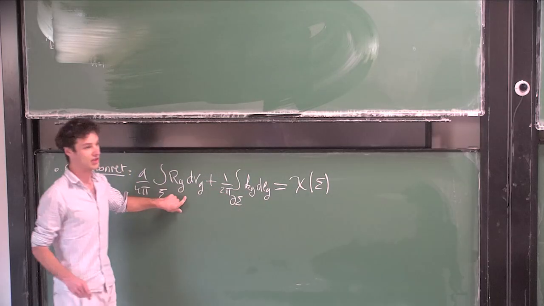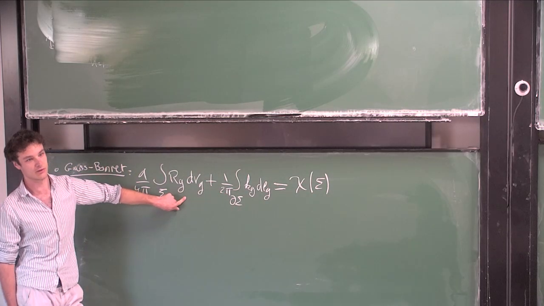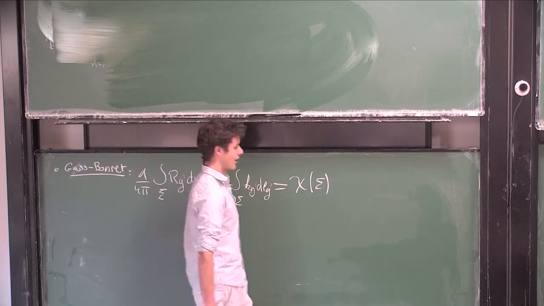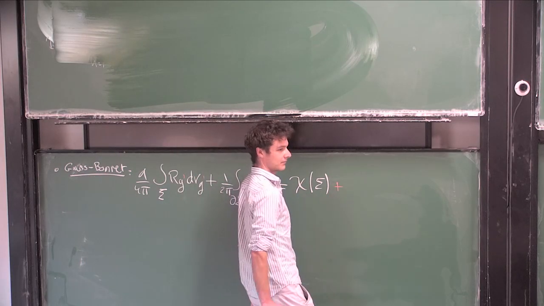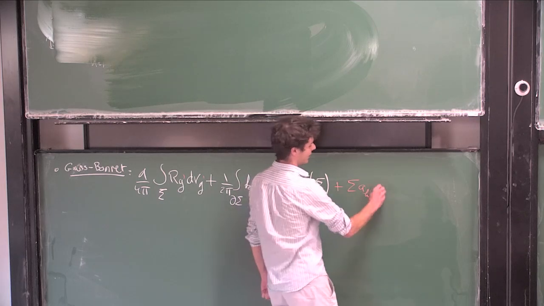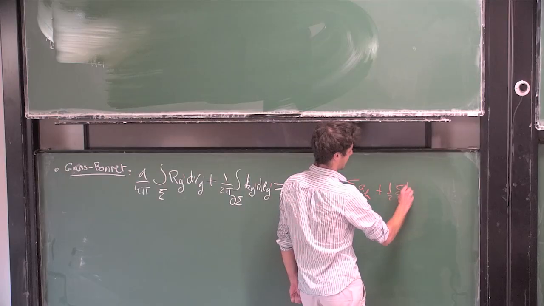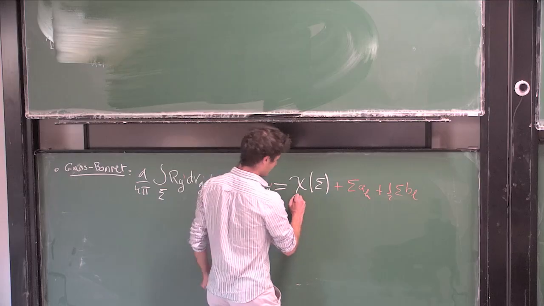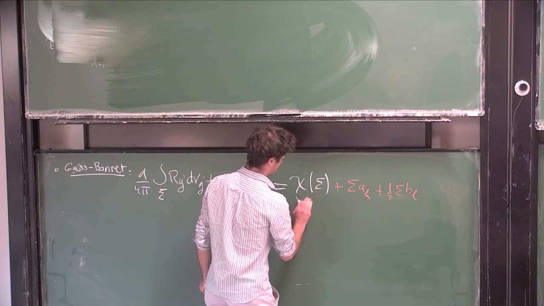So if I change g to g prime, which has conical singularities, I will need to add some extra term, which is given by a sum over the conical points plus 1 half sum over the boundary points. And this I will call the singular Euler characteristic.